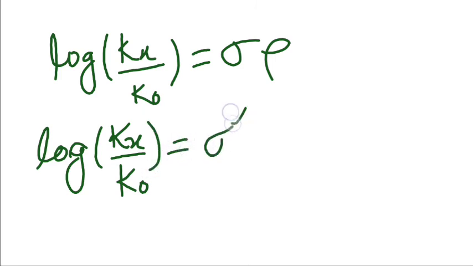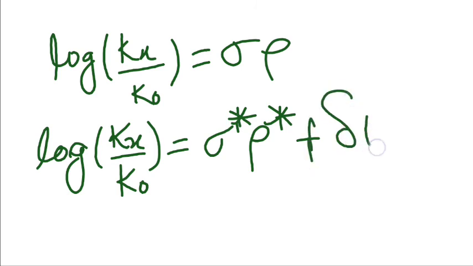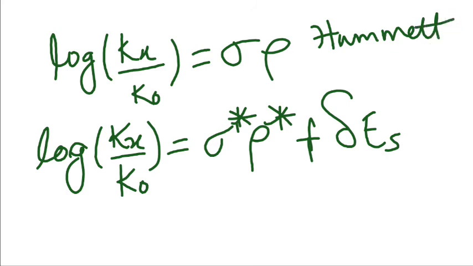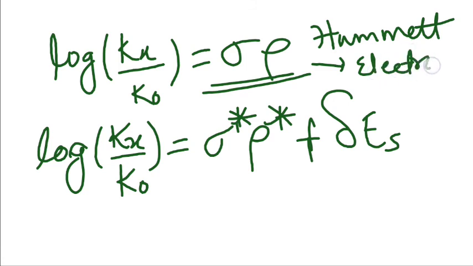Here it becomes sigma star rho star plus delta Es. So what are these terms actually? In the Hammett equation, the right-hand term is completely an electronic term, signifying electronic effects.